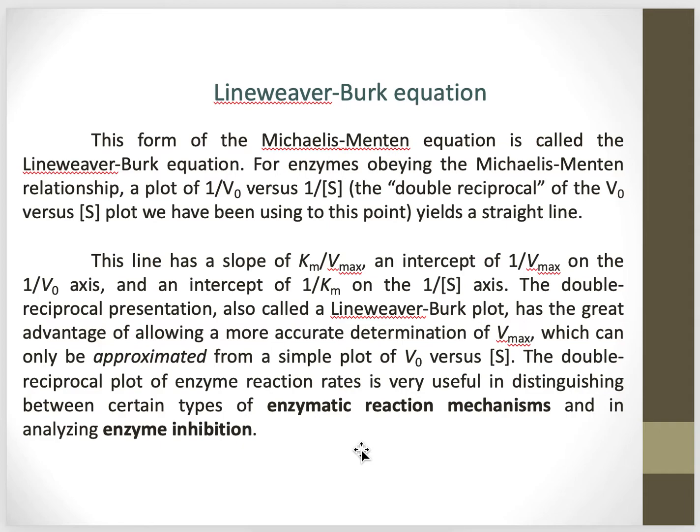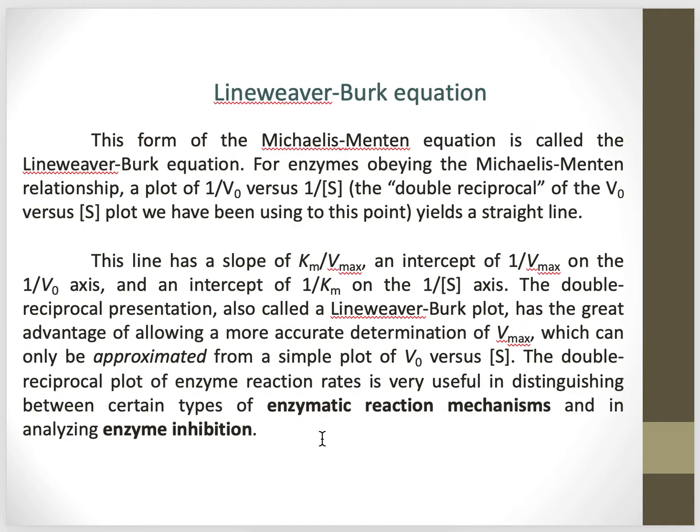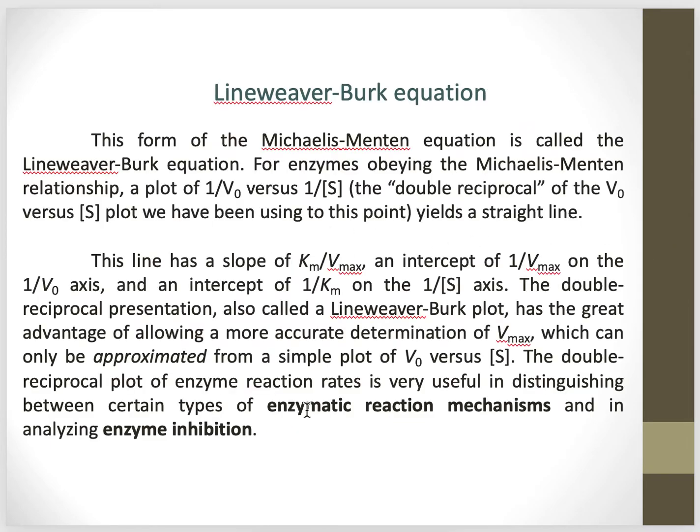But practically, the Lineweaver-Burk equation gives a straight line, and dealing with a straight line is much easier than dealing with a hyperbola. So if we use this equation, it will be more efficient for us to study the kinetics or determine the rate of a reaction.